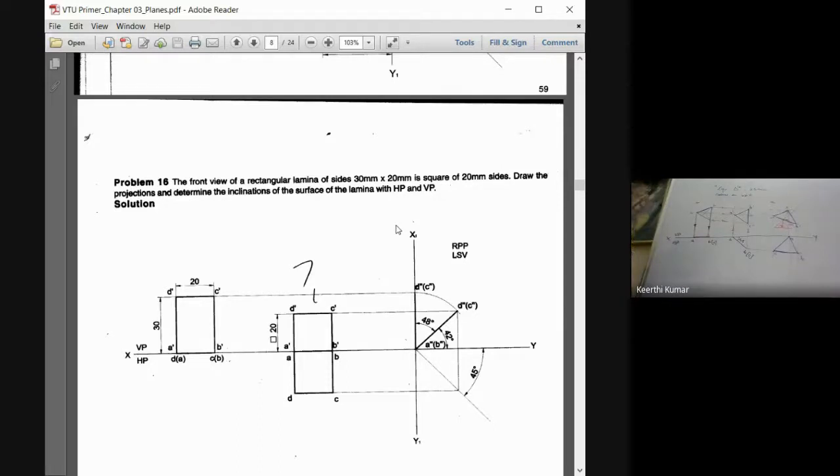Draw the projections and determine the inclination of the surface of the lamina with VP and HP.